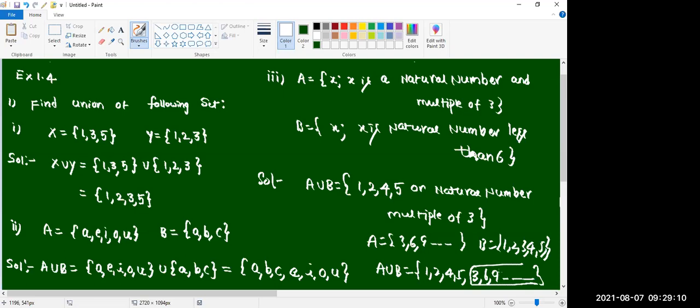In a union set we consider 3 only one time. But we should arrange it in order. Actually, I wrote multiples of 3 separately. If you write 3 here, multiples of 3 means it will start from 3 now. Okay.